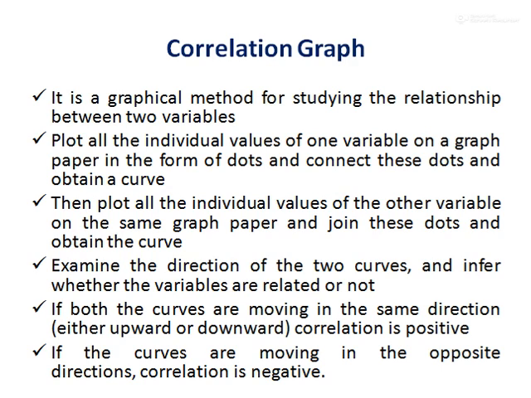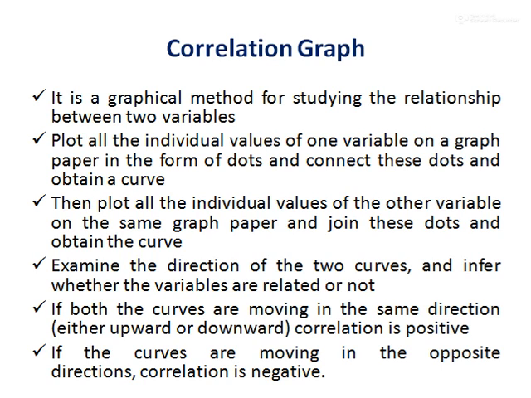Then we repeat the same procedure with regard to the second variable. That means plot all the individual values of the second variable on the same graph paper in the form of dots and join these dots to obtain the curve for the second variable. Now we get two curves.